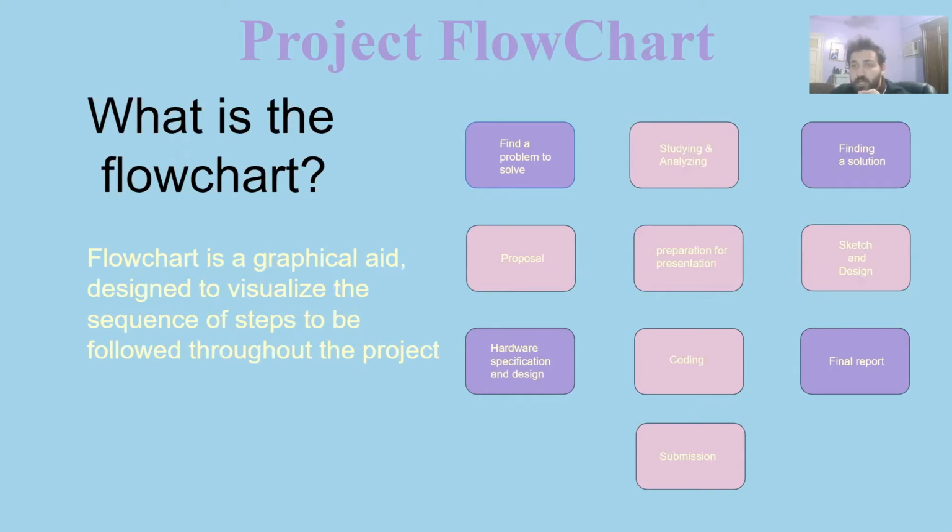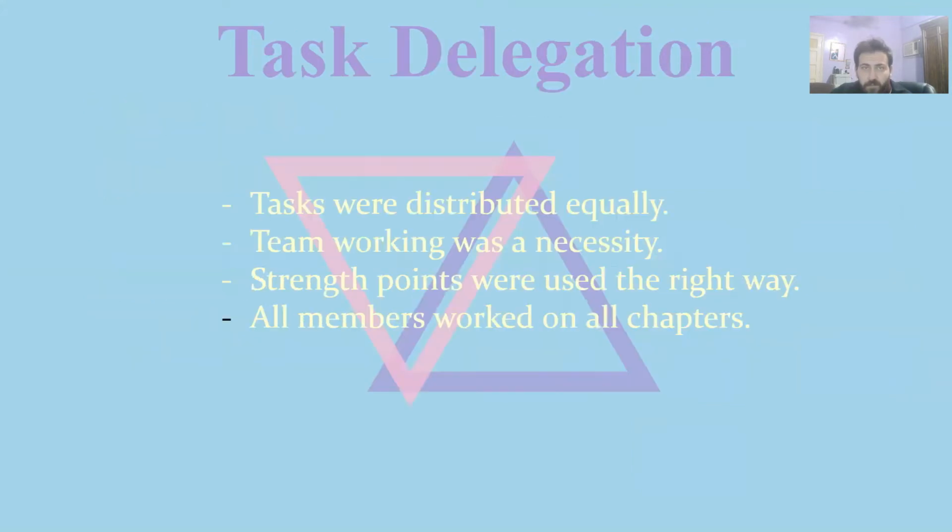Our project consists of 10 steps, starting with finding a problem to solve, studying and analyzing the problem, finding a solution, making the proposal, preparation for the presentation, sketching and designing, hardware specifications and design, coding, final report, and finally submitting the final report.